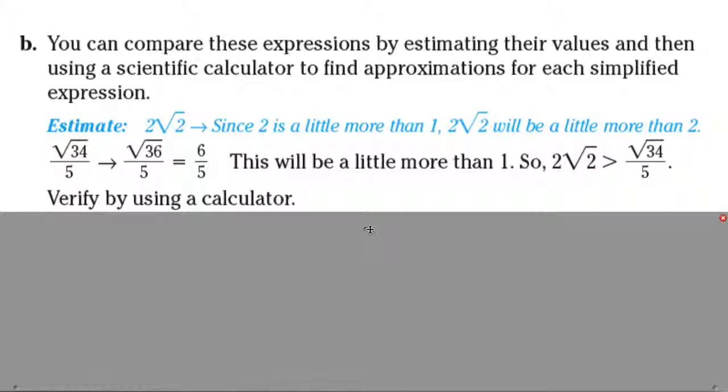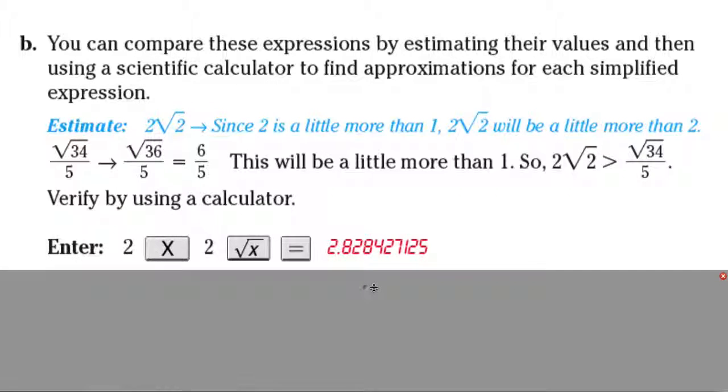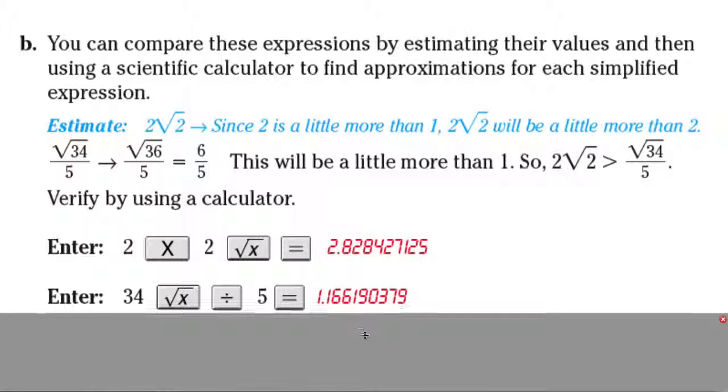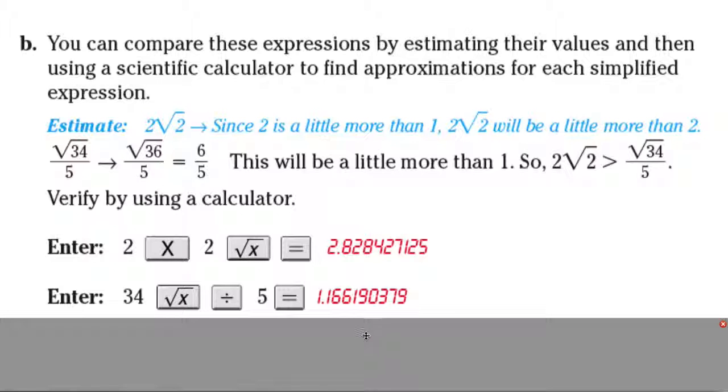If you verify this using a calculator, you have 2 times 2, and then you punch radical x, that'll be 2.8, and for 34 over 5, punch those numbers in a calculator, it'll give you 1.166. So 2 radical 2 is definitely greater than radical 34 over 5.